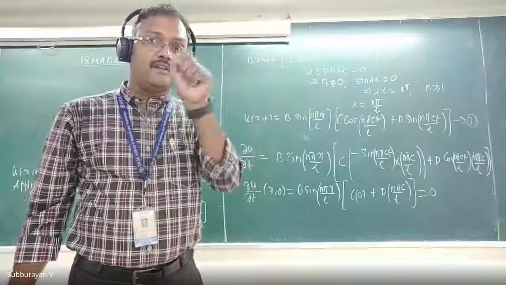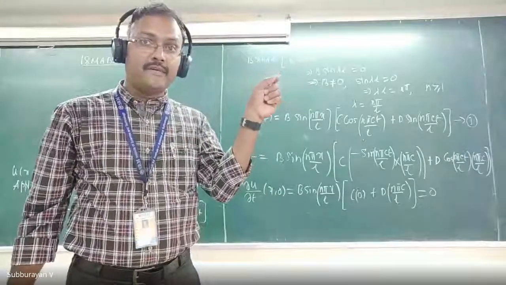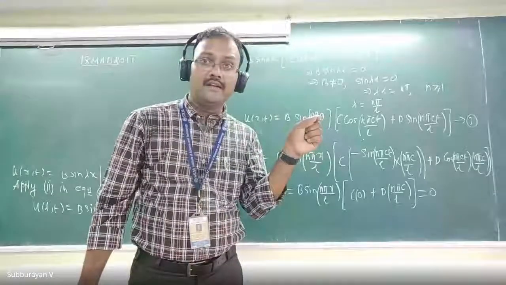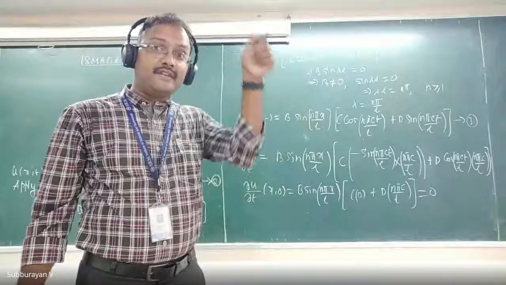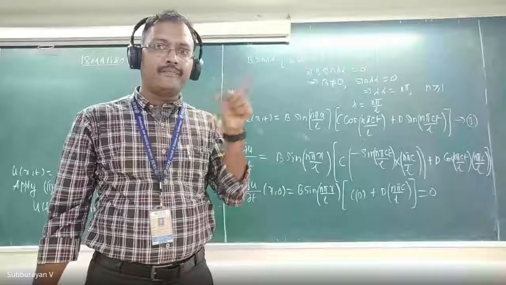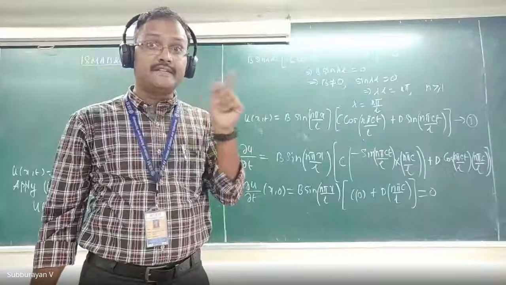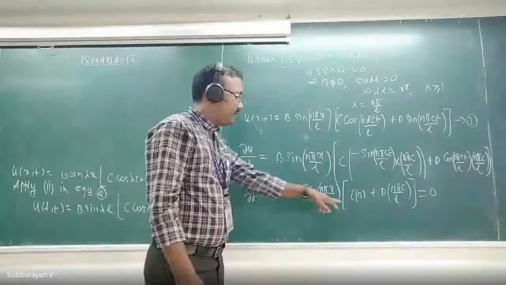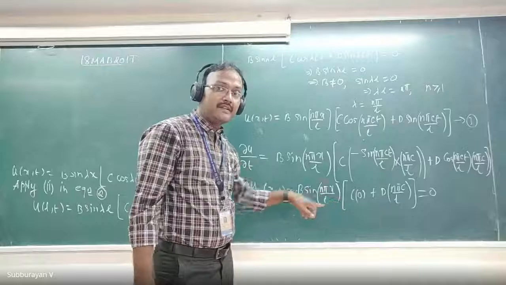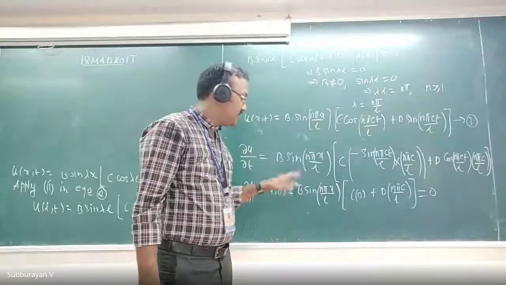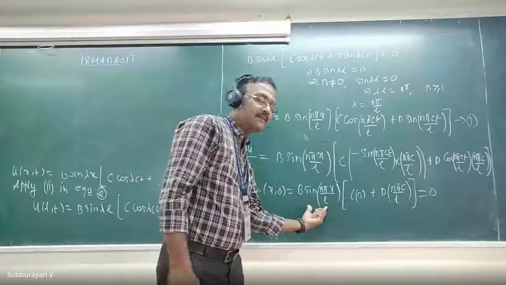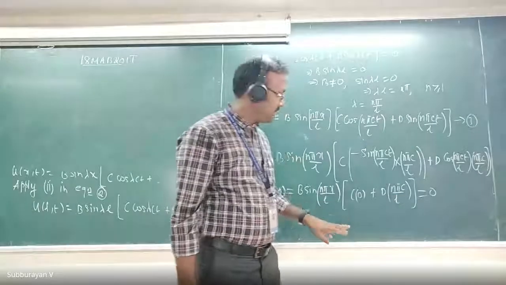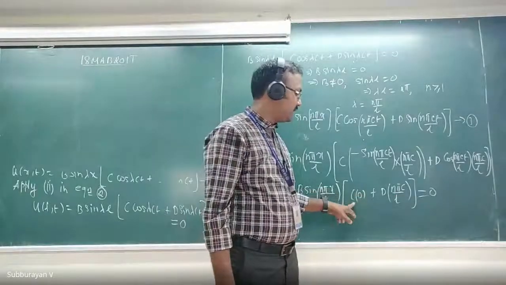If you draw the graph of the function in the interval 0 to L, then the sine function will never cross the x-axis except at x equal to 0 and x equal to L. So therefore the sine function is a non-zero function. Therefore these two quantities are not 0. The only thing is this must be 0.